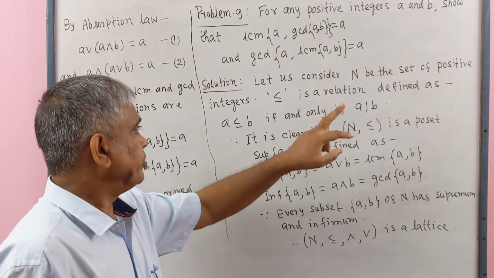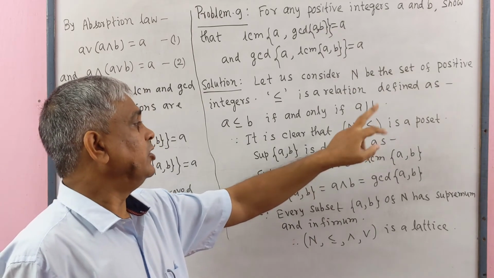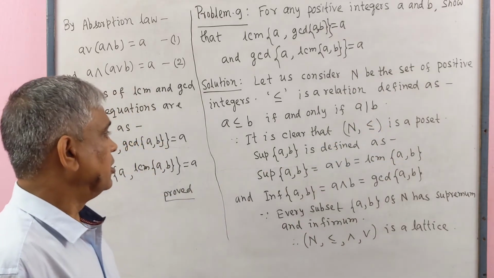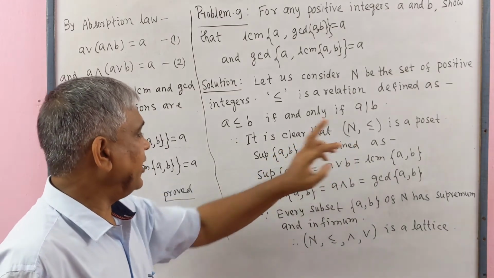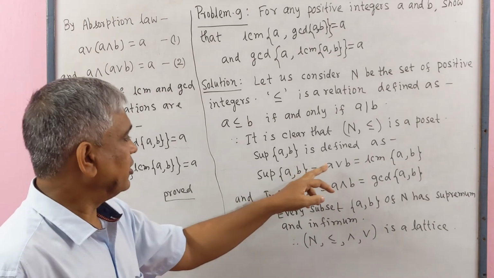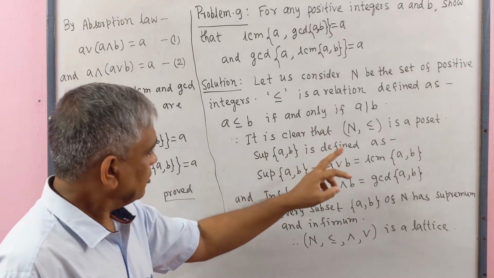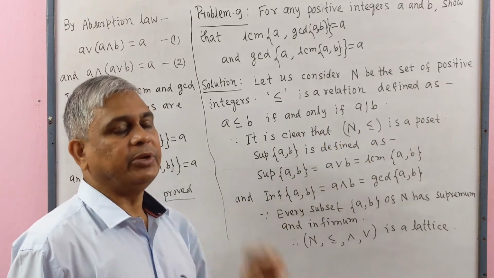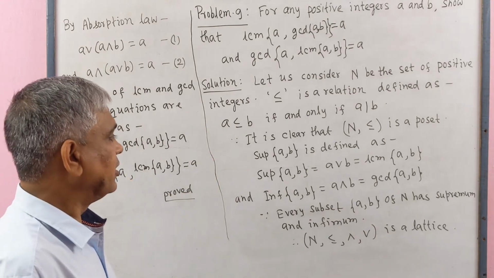We know that the set of positive integers with the relation divides is a poset. The supremum of the set containing elements A and B is written as A join B, and this is equal to the LCM of A and B. We have already seen this.